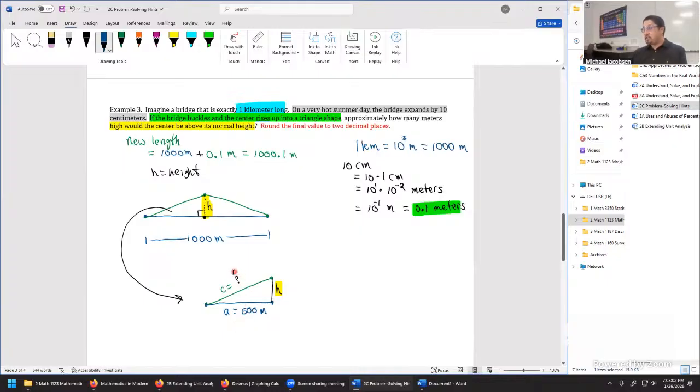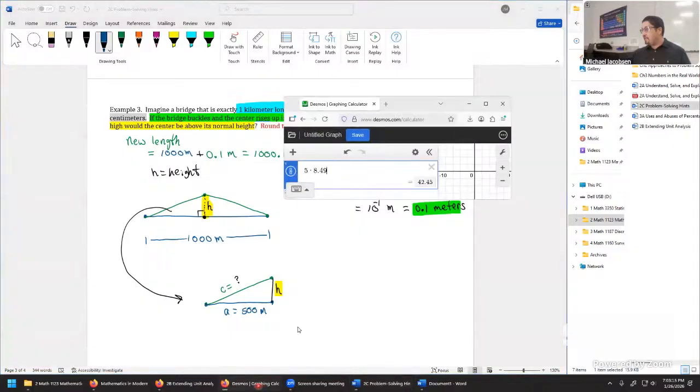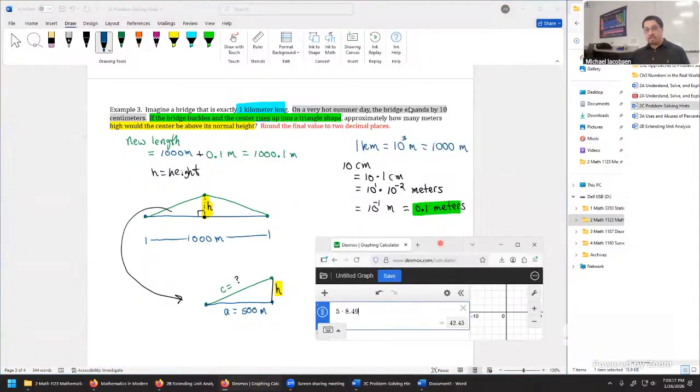And would you all agree the logic is the same for the value of C? If the entire length from here to here is 1,000.1 meters, we should just be able to divide it by 2. So let's give that a try. With the same logic from before, 1,000.1 meters. Again, it's just a little bit more because of the thermal expansion.